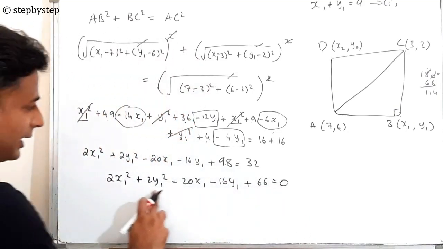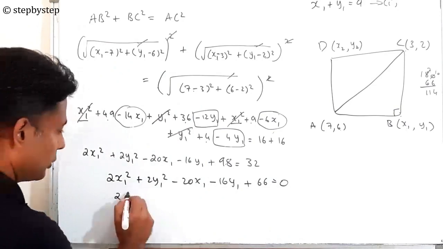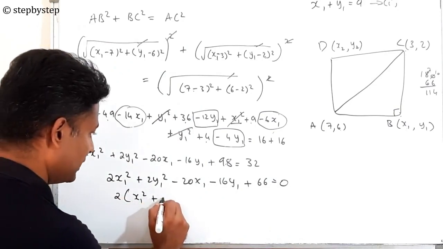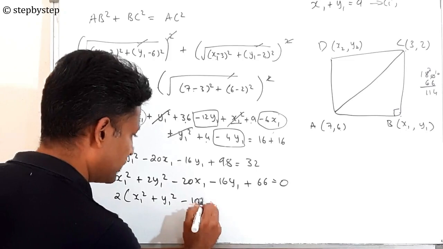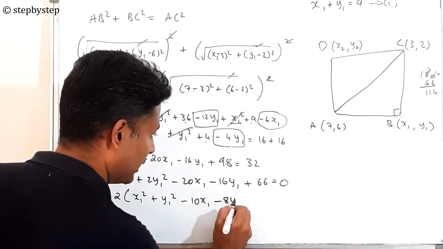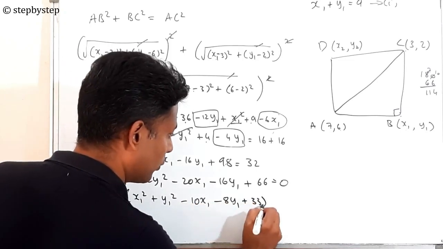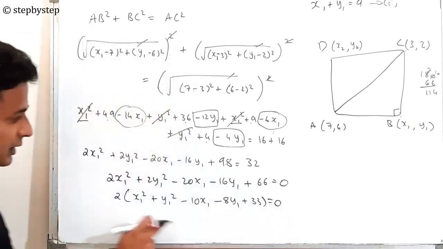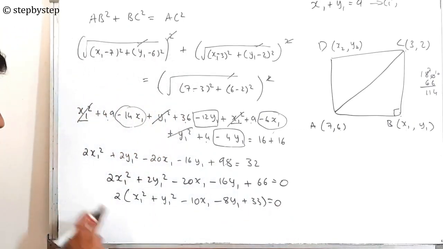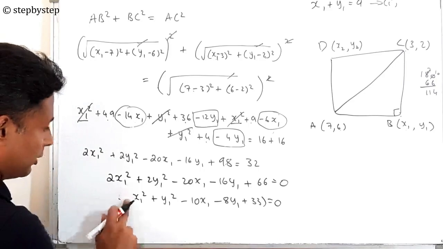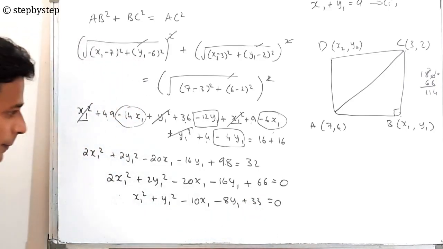Now if you observe, I can take 2 common from everything. So x1 square plus y1 square minus 10x1 minus 8y1 plus 33 equal to 0. When I transpose this 2 to the other side, it becomes 0 by 2, that is 0 itself.